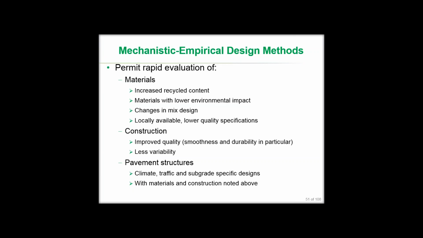Changes in mix design, and as I mentioned, locally available or lower quality specification materials. We can look at construction quality, such as we just saw in those examples, and we can also look at the effects of variability in construction. Then we can look at the pavement structures themselves in terms of different types of structures for different climate, traffic, and subgrade, and then the interaction with the materials and construction considerations noted above.